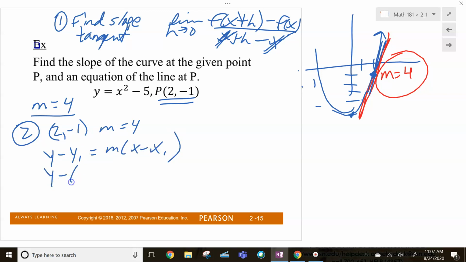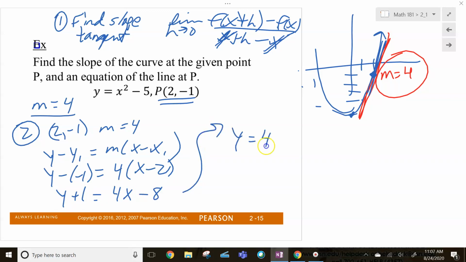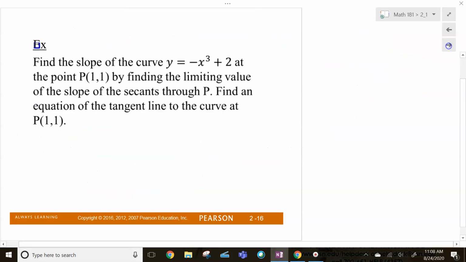So y minus y1 equals our slope of 4, x minus 2. So y plus 1 equals 4x minus 8. Subtract 1 from both sides. y equals 4x minus 9. Okay, there is the equation of that line, right at 2, -1, of the tangent line in red.